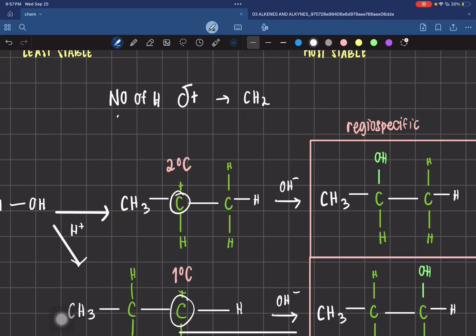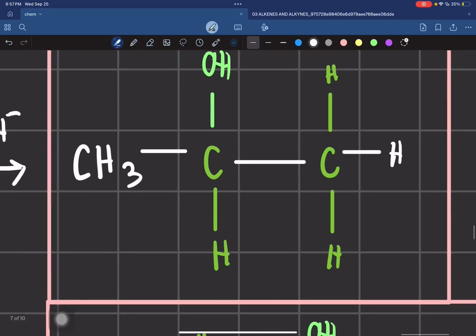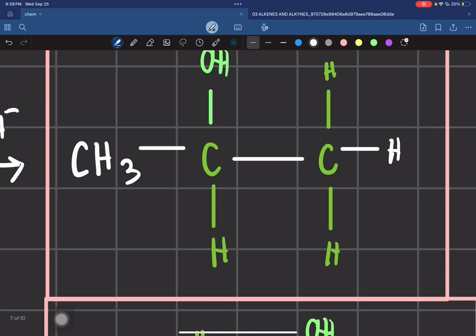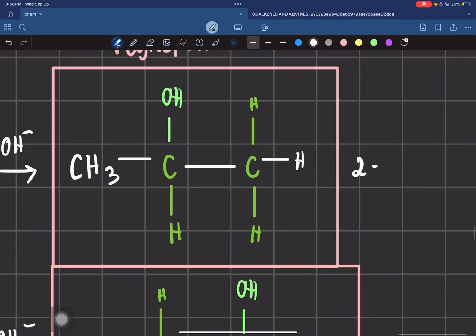Since ito ay secondary. So, si electronegative ay kakabit kay carbon number 2 kasi si carbon number 2 ay isang secondary carbon. So, ito na yung ating regiospecific compound. And I would name this as propanol. So, that's Markovnikov's rule explained.